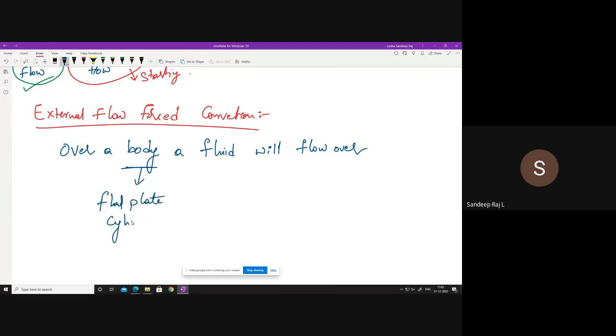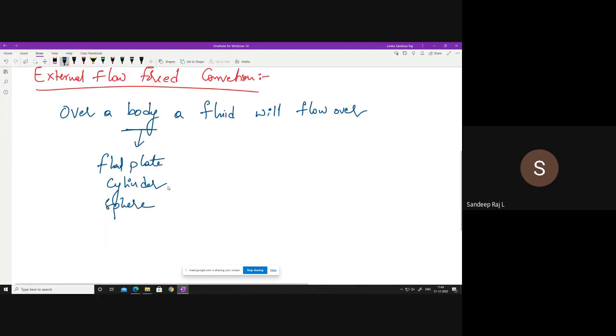The body can be a cylinder. The body can be a sphere, or it can be a bank of tubes, or it can be a non-circular tube. It can be anything, but over that body the fluid will be flowing over.